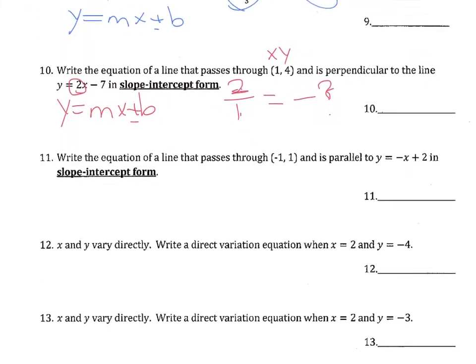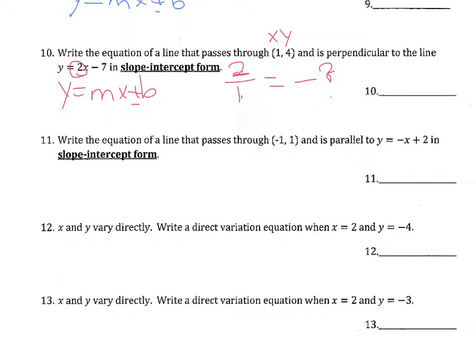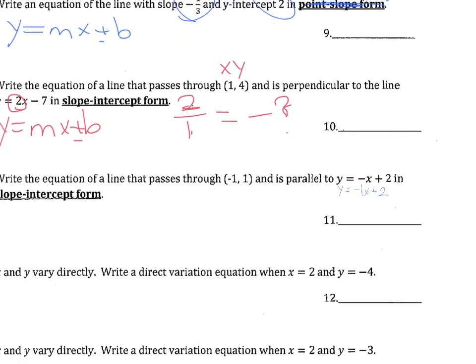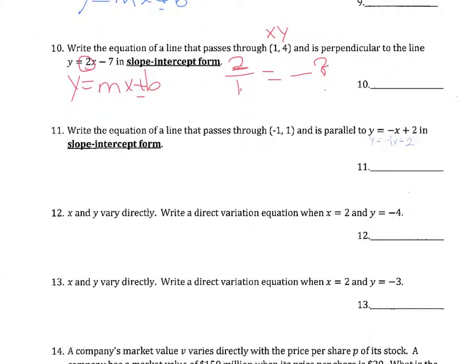In number 11, we're to write the equation of a line that passes through the point 1, -1, but is parallel with y equals -1x plus 2. Now, I, of course, would definitely rewrite this so that it would be y equals -1x plus 2. Now, remember, if they're parallel, their slopes are what? They're going to be identical, right?